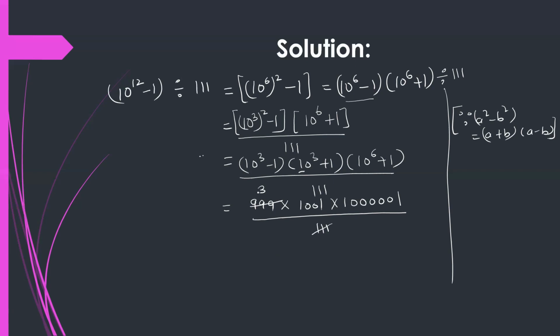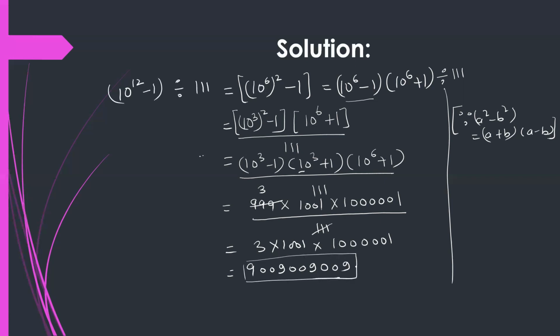We are getting 9 multiply by 1001, multiply by 1, 0, 0, 0, 0, 1. When you solve this problem, the answer you will get will be 9009009009, which is the required solution of the problem provided.